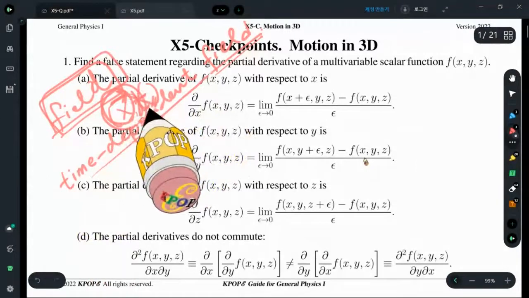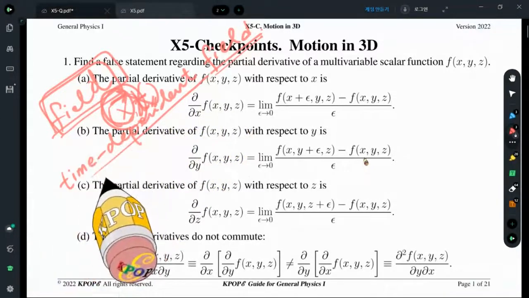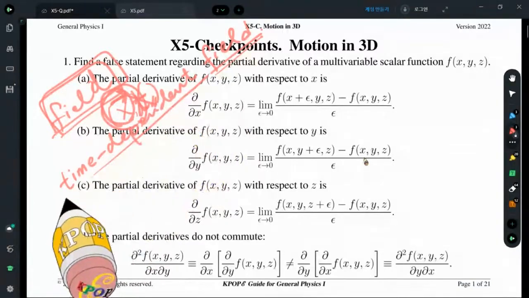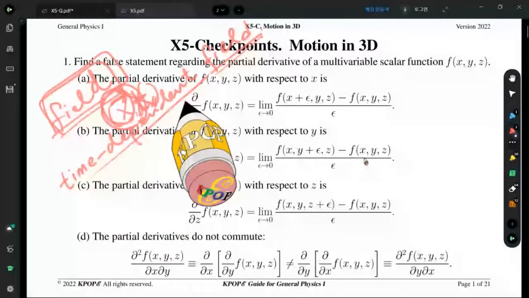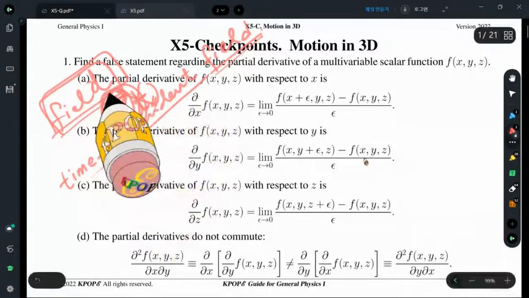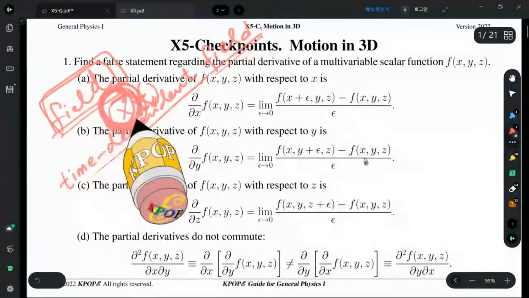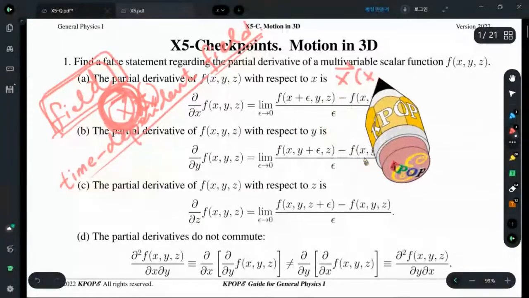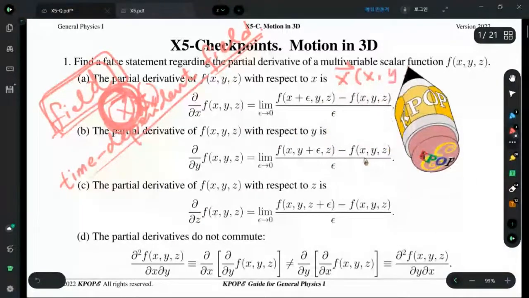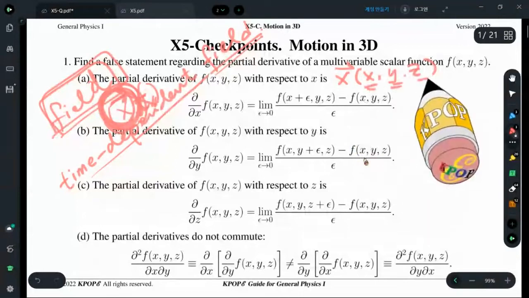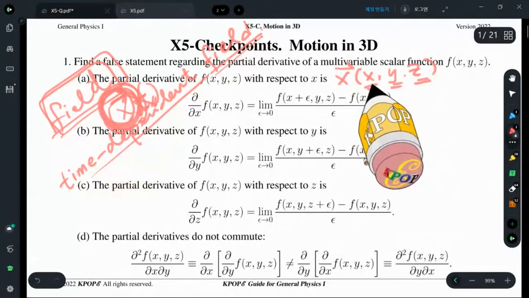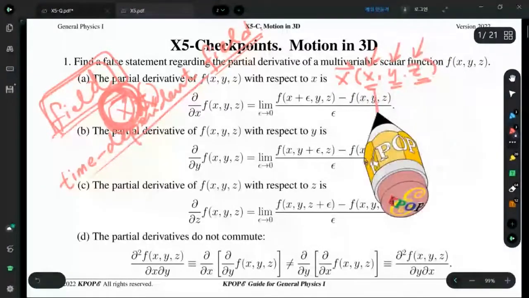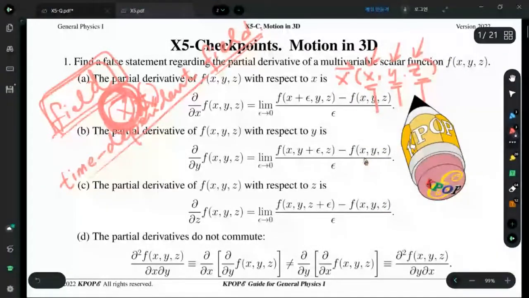If it is independent of time, we say it is a time-independent field. Whether it is time-dependent or time-independent, it is always dependent on position. The position consists of three Cartesian components, x, y, z. So we have to consider the derivative with respect to x, y, z separately.